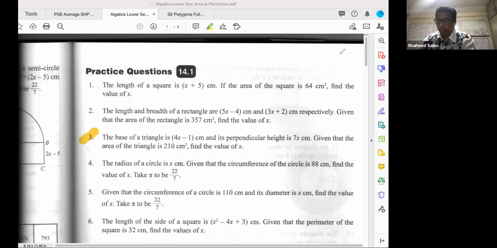You must be able to form the equation. If you cannot form the equation, we have a problem. Inshira, can you form the equation? Shafi, can you form the equation? Akila can form the equation. You just use the area of the triangle. That's the equation. Hold on now, hold on.